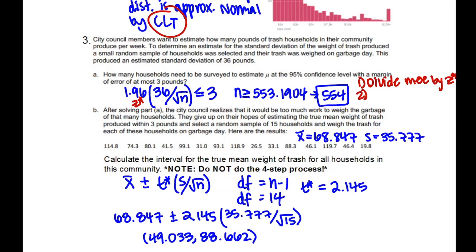Then we divide sigma, or the standard deviation, I'll just say SD so we won't get confused, by that answer. Then we square, and we always round up.